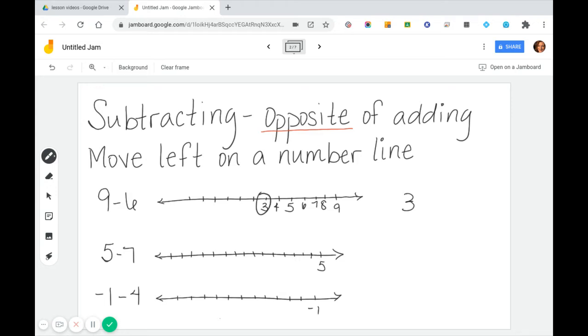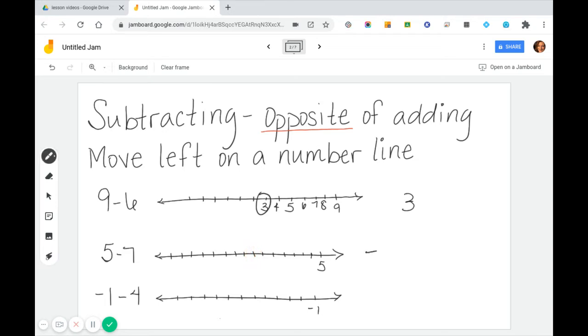We can do the same thing when we end up on a negative number. 5 minus 7. If you're taking away more than you have, you're going to end up at a negative number. You're going to go in the hole for your bank account. So I'm going to start at a 5, and I'm going to go left 7. 1, 2, 3, 4, 5, 6, 7. To figure out where that is, just count backwards.